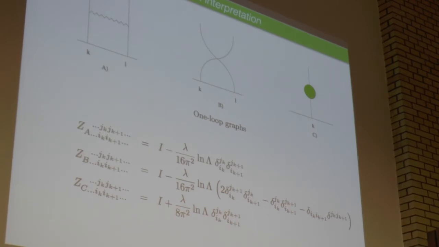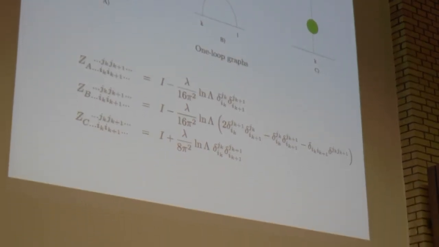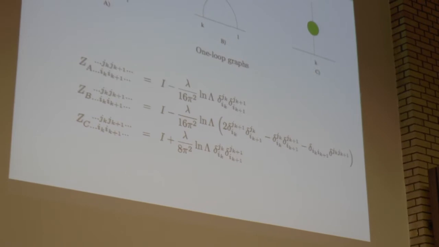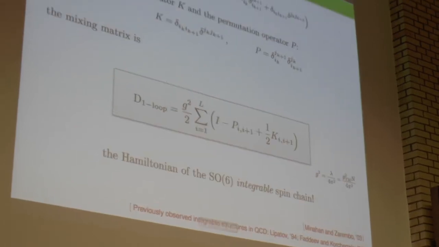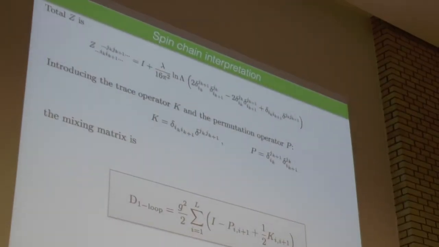But once you have an insertion of interaction for K and K plus 1, you get the right-hand side corresponding to this concrete graph. And then the whole mixing matrix is obtained by summing up these three.